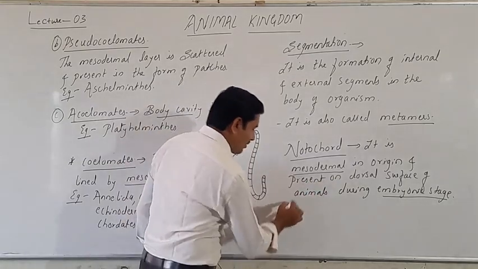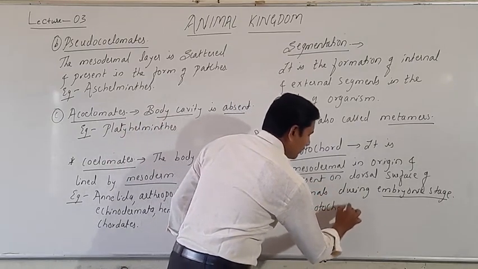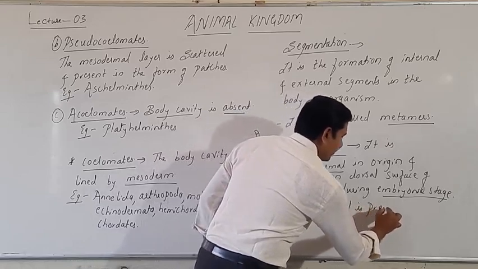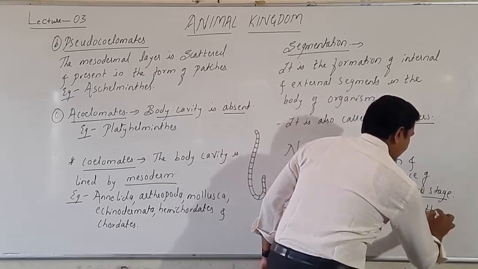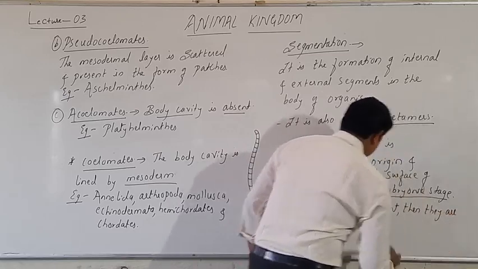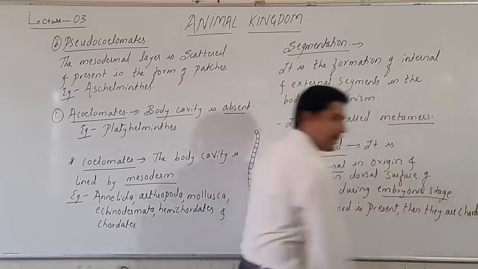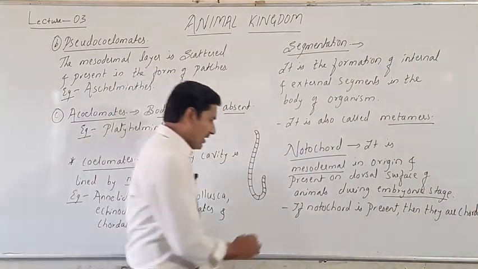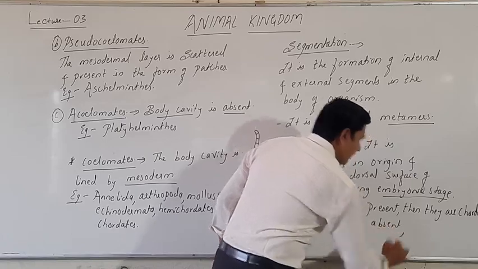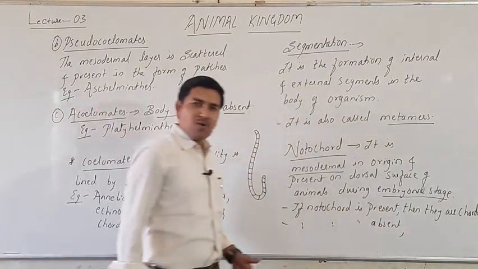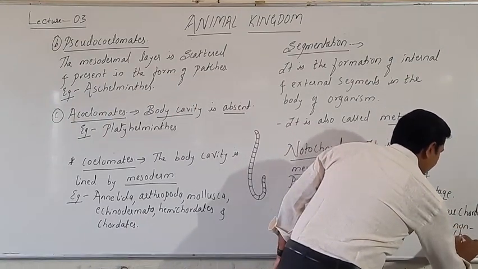So if the notochord is present, then they are chordates, and if the notochord is absent, then they are called non-chordates.